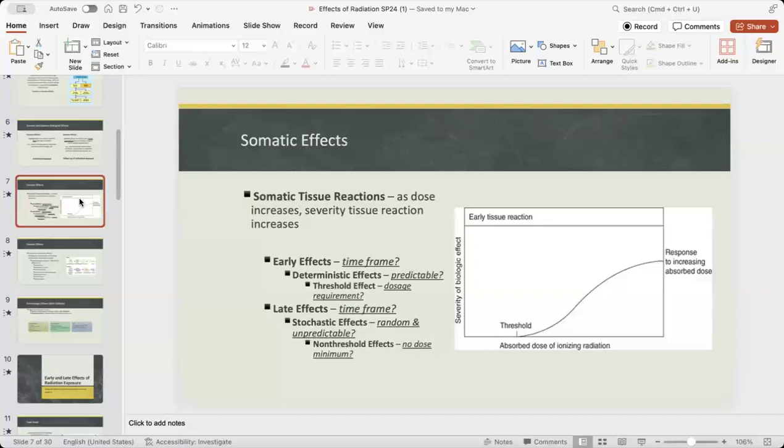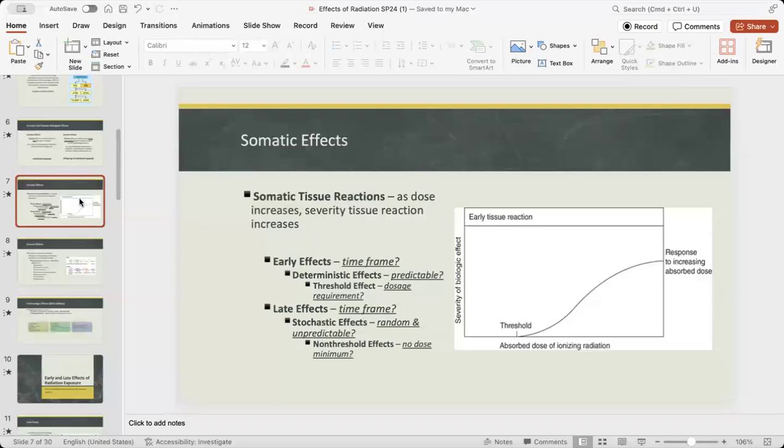And we look at this as being deterministic. So deterministic is predictable. So we know that there are certain things that happen in response to exposure to radiation to certain body parts. So we know potentially we could have cataracts because of radiation exposure.